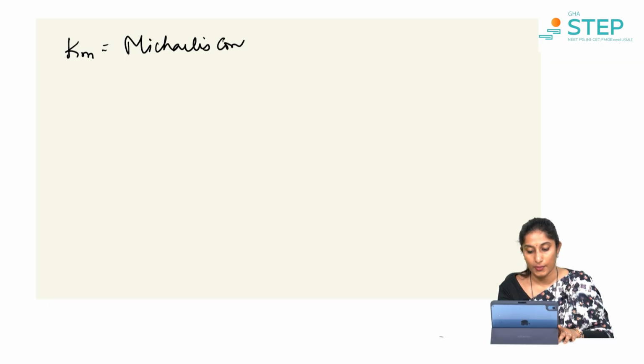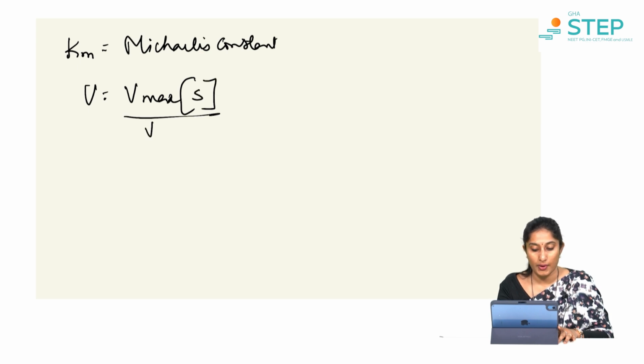If I put the formula of the Michaelis-Menten equation, I would get velocity is equal to maximum velocity into the substrate, Vmax into S, divided by Km plus S. So, this is the equation of Michaelis-Menten. So, this is our Km.